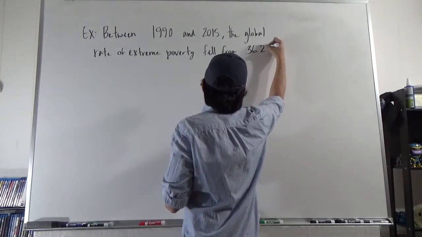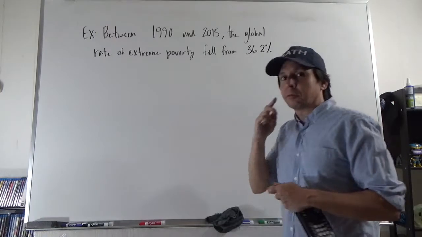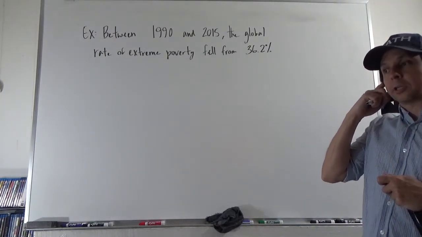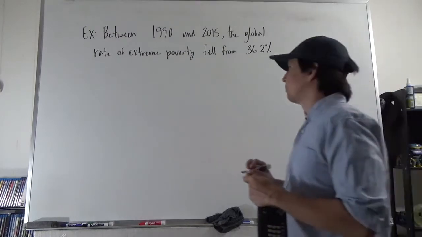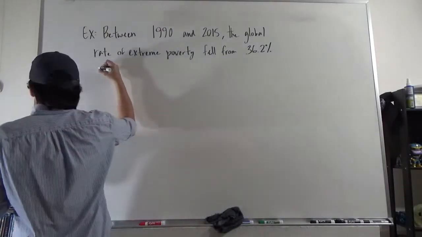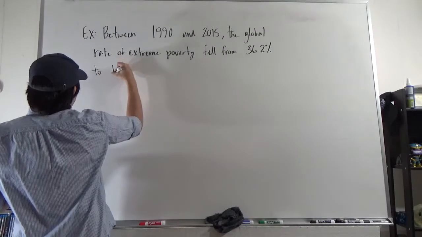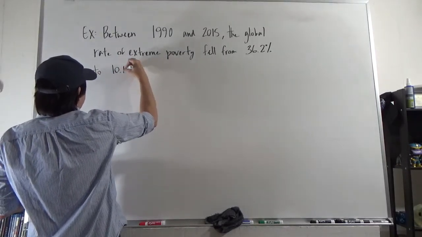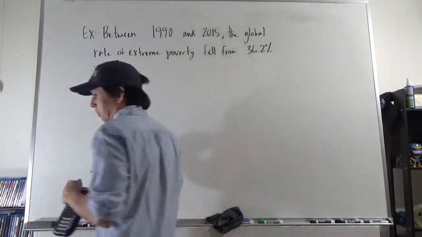That means 36.2% of the world fell under extreme poverty back then in 1990. To 10.1%. So in 2015, only 10.1% were living in extreme poverty.